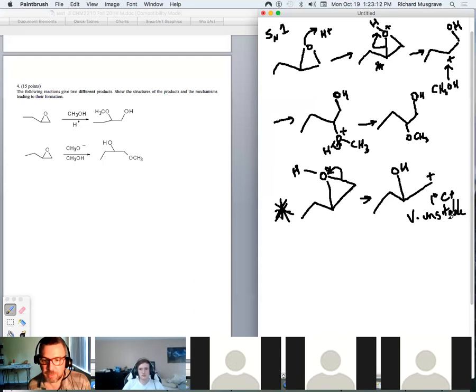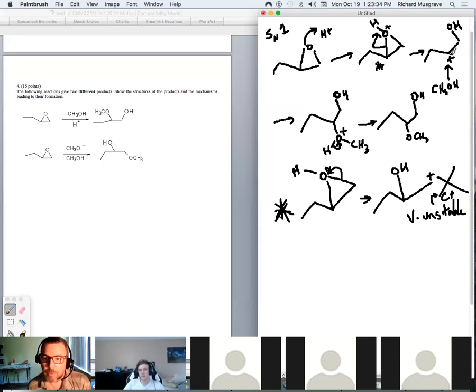So I want you to see that primary C+ is very unstable. That's why it doesn't break that way. It'll break from the other carbon, which is going to leave a secondary C+ in this case, which is more stable than the primary.